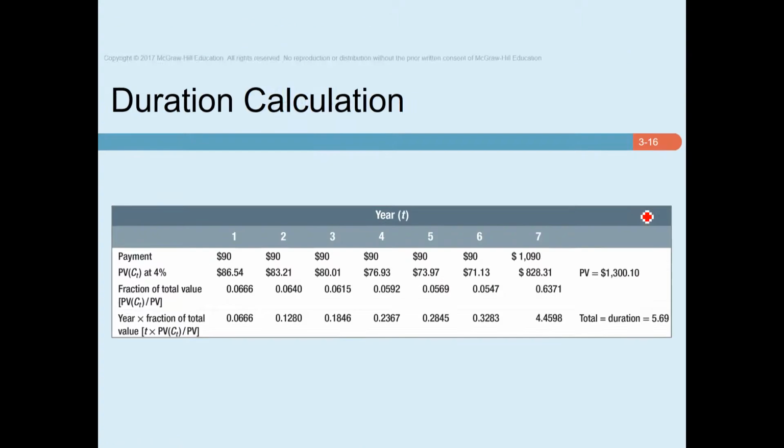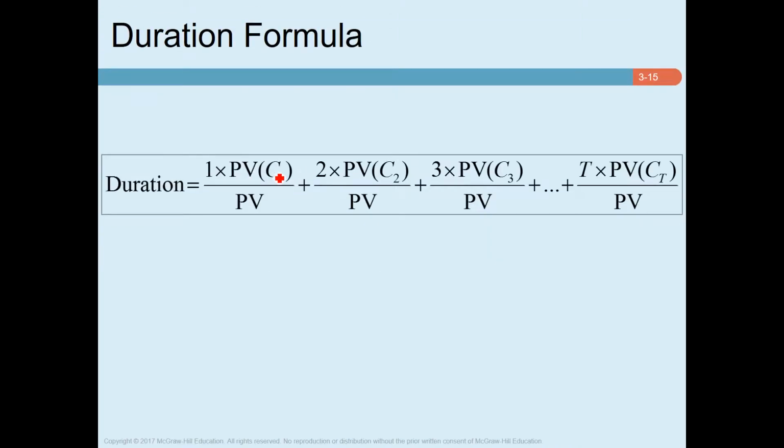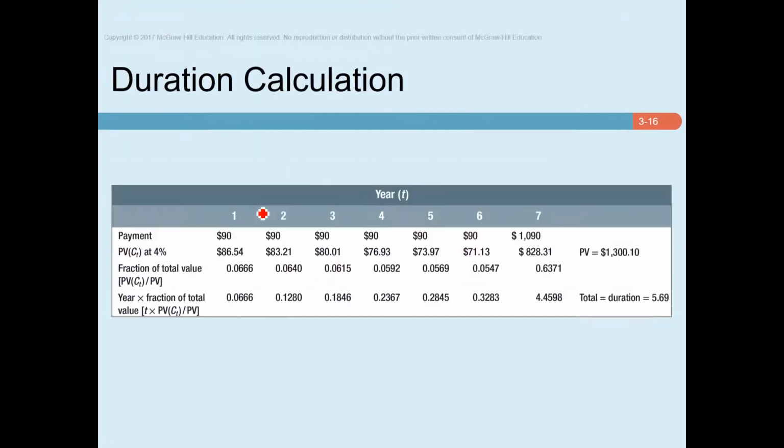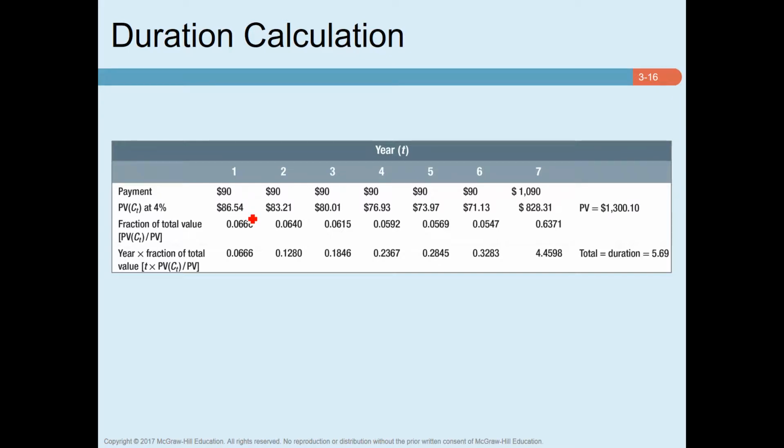According to this formula, you can remember, it's the present value of each cash flow divided by the total present value. This gives the fraction of the total value. We multiply each fraction by the corresponding year: this is multiplied by year 1, this by year 2, this by year 3, this by year 4, this by year 5, and so on.